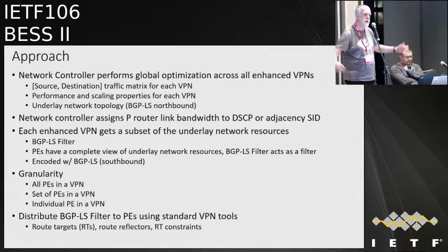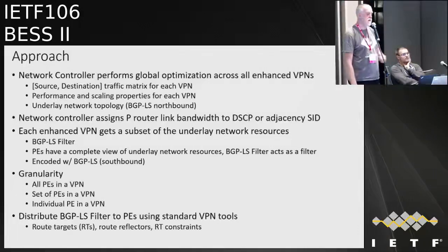So BGP-LS presents the whole topology. You can then filter that topology into a set of resources that are assigned to a VPN. The PEs have a complete view of the underlay, of course, but they're also told about the BGP-LS filter, and so they have a filter on that underlay. And we encode that with a new attribute and push it southbound to the PEs.